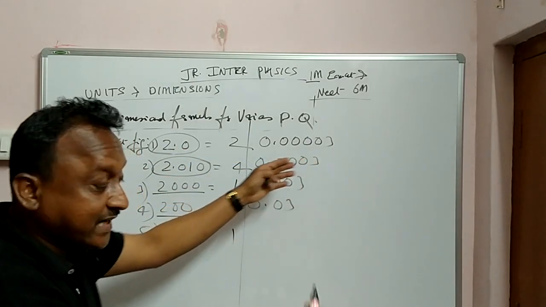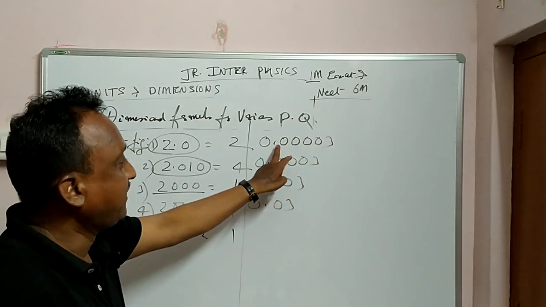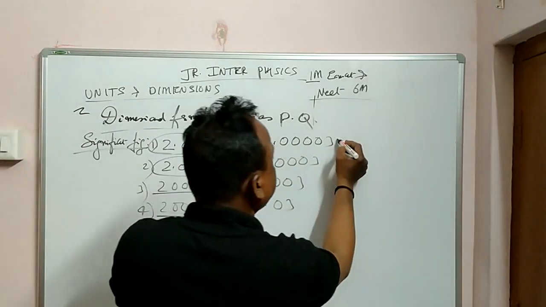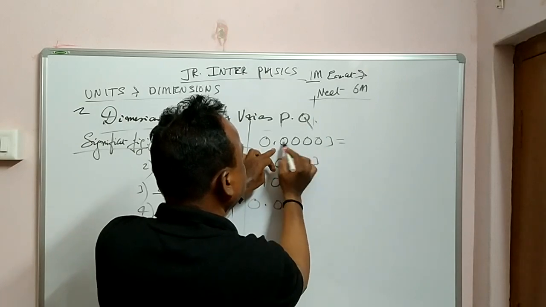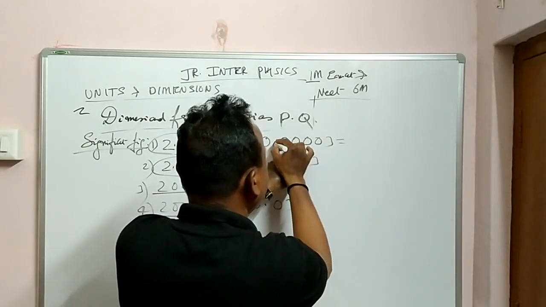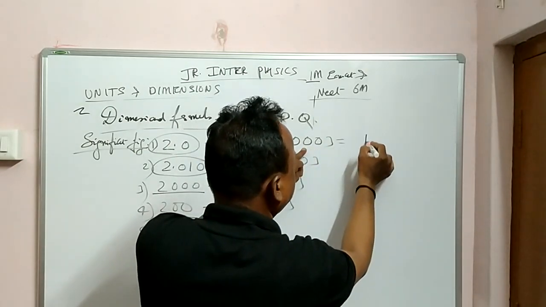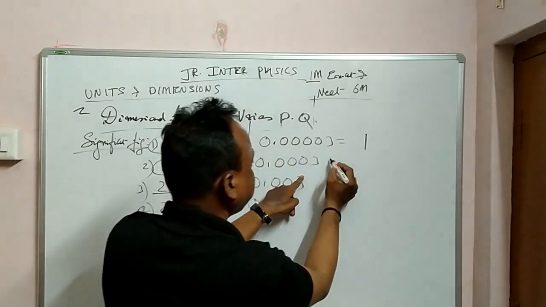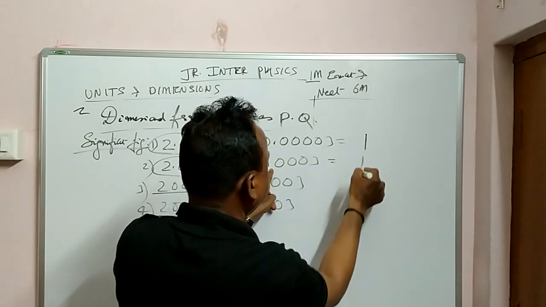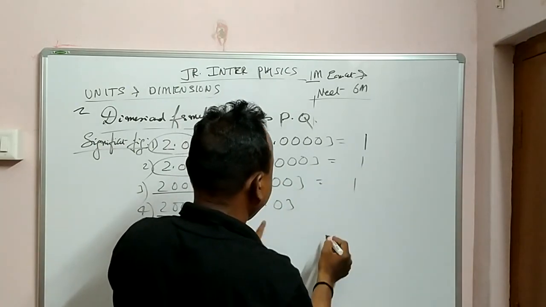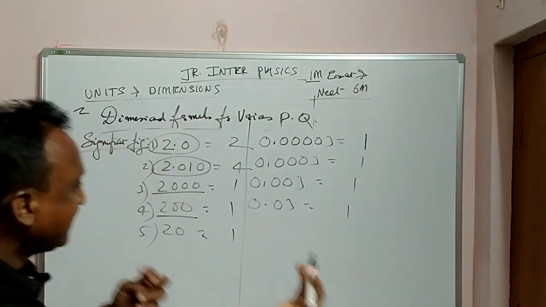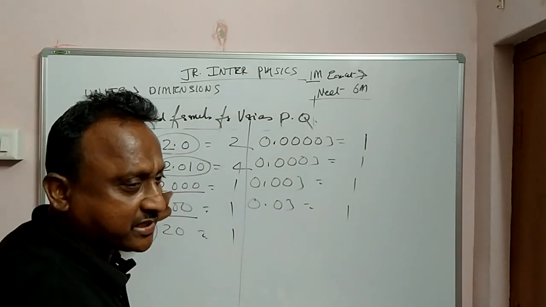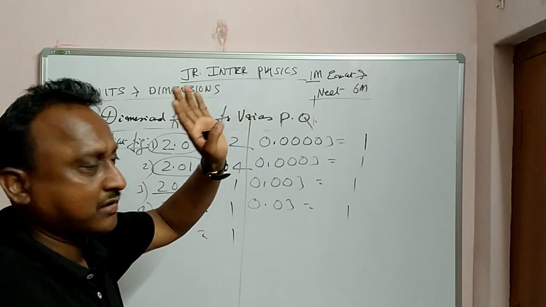In the same way, left side zeros, if decimal is there, are called non-significant. So here, how many are there? 1, 2, 3, 4 here. Still, even though the point is here, the significant figure is only 1. You should not consider all this. In the same way here, 1. Here also, 1. That means left side zeros are non-significant again. Even though, how many zeros are there? You may be having 1 lakh or 1 crore.